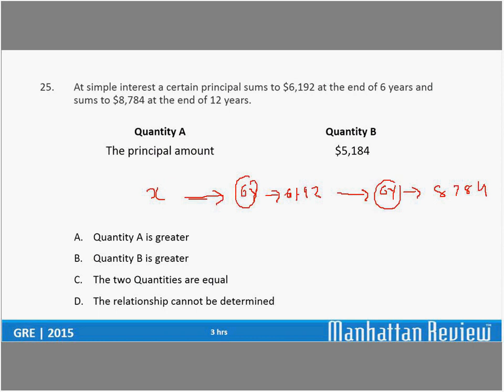Here this is at simple interest. When it is simple interest, the interest always remains the same between the periods. So this difference over here is the interest for 6 years. The difference would be 784 minus 6192.